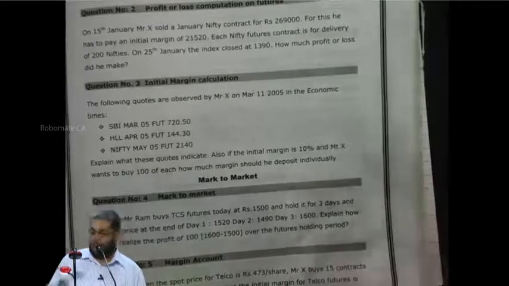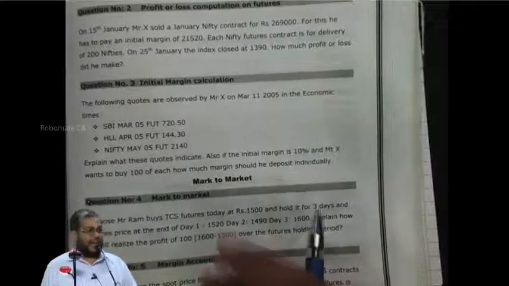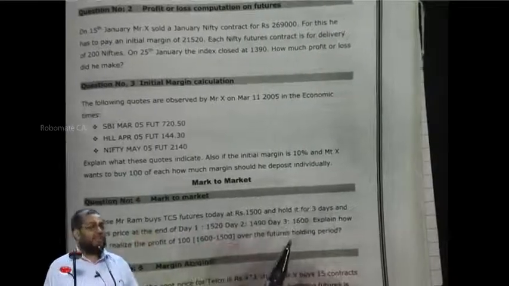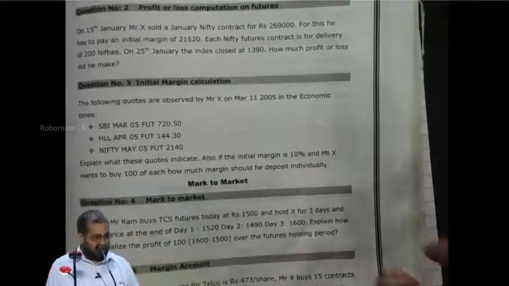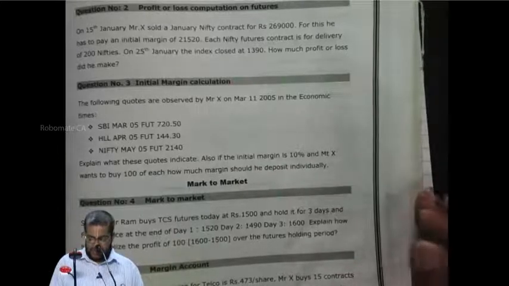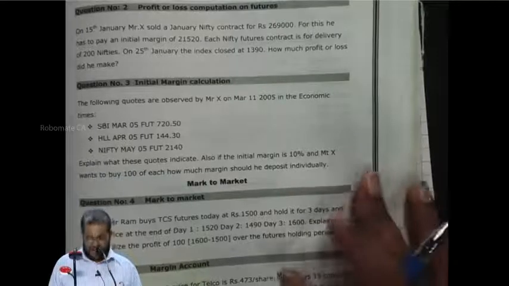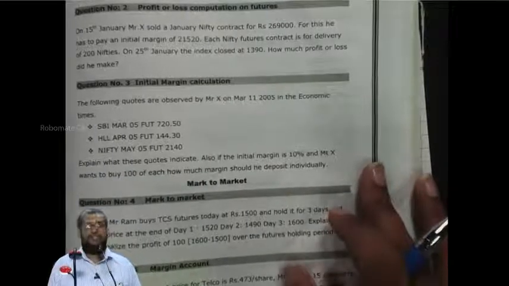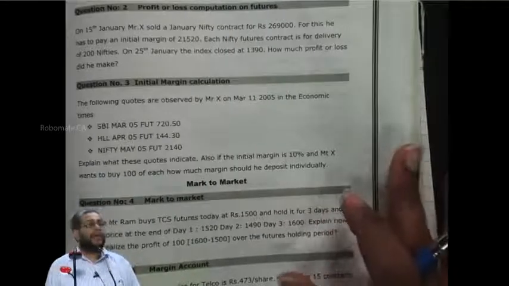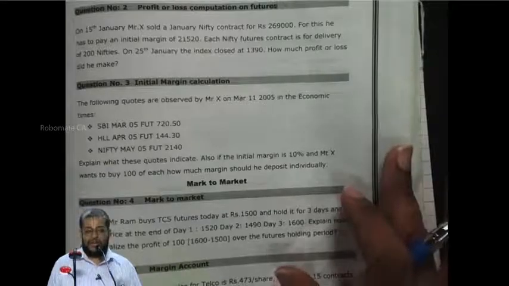So at what price? 491. You took a position in the futures market, a buy position. So buy or sell? Mr. X buys 15 contracts of telco futures at 491. You took a buy position for how many contracts? 15 contracts.